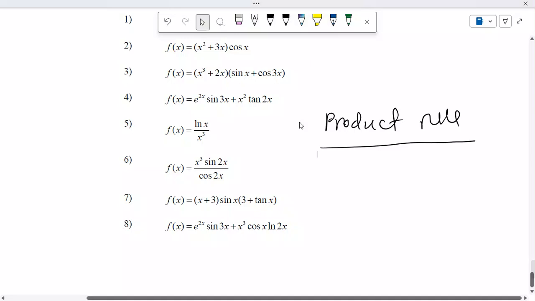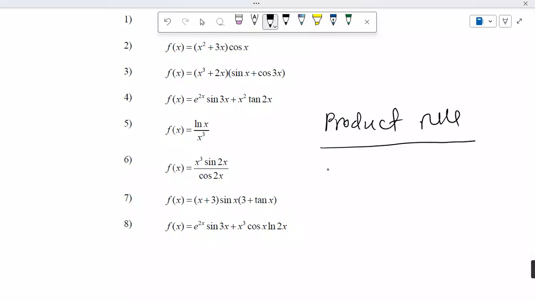Product rule, for those who remember: if you have functions which are multiplied together, let's say these functions are u and v, and you want to differentiate uv. How do you differentiate when they are multiplied together? You keep u, then differentiate v, then you add u differentiated, and you keep v constant.